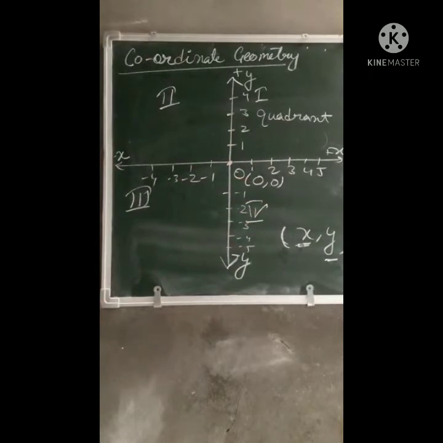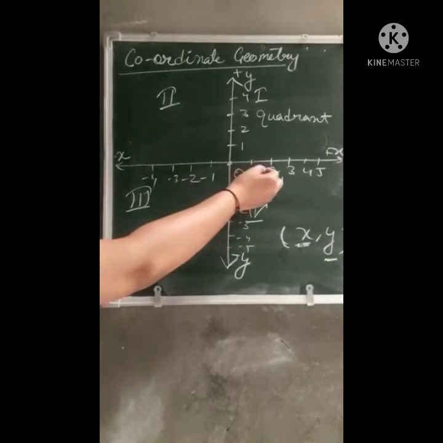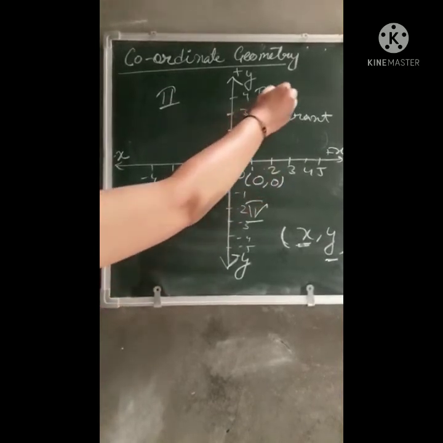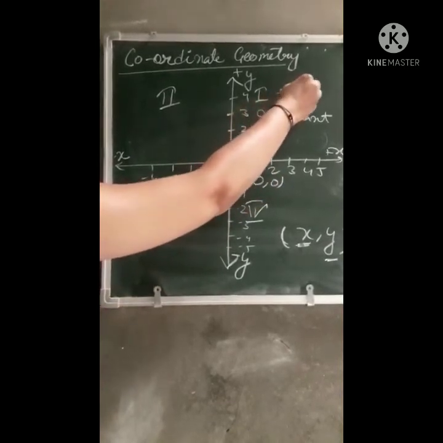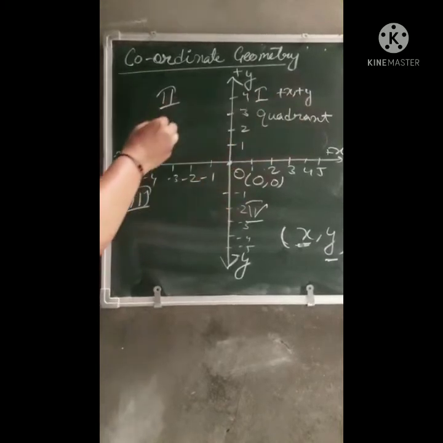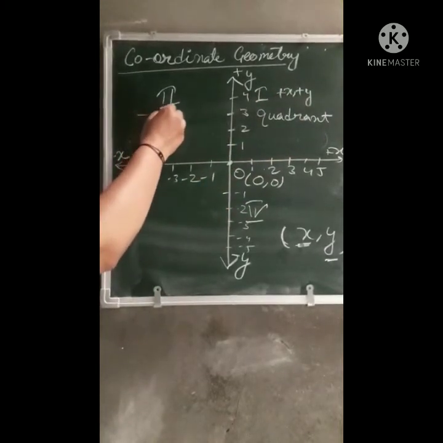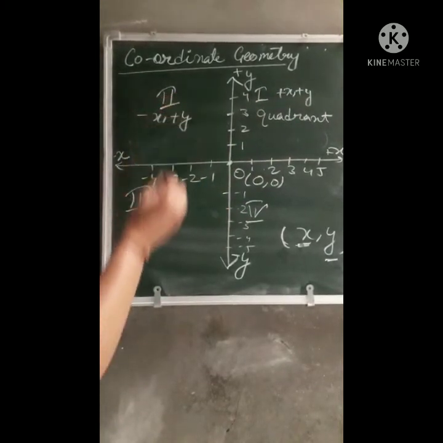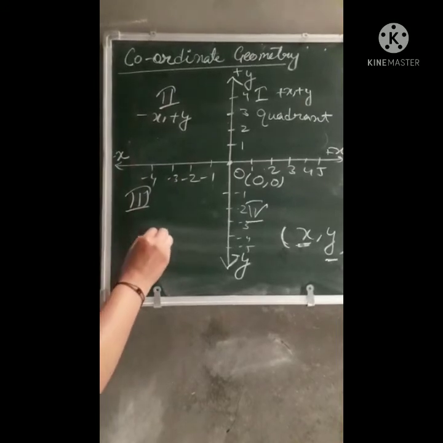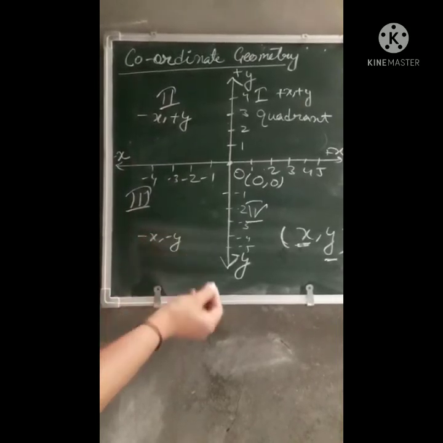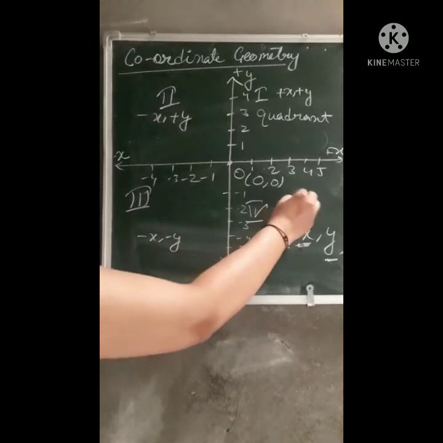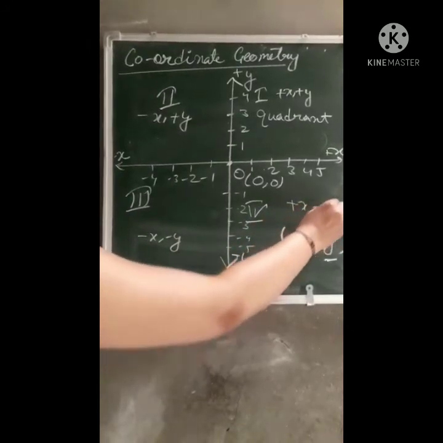Now as you can see, here the x value is positive and y is also positive. Here x is negative, y is positive. Here x is negative, y is negative. And in this one x is positive, y is negative.